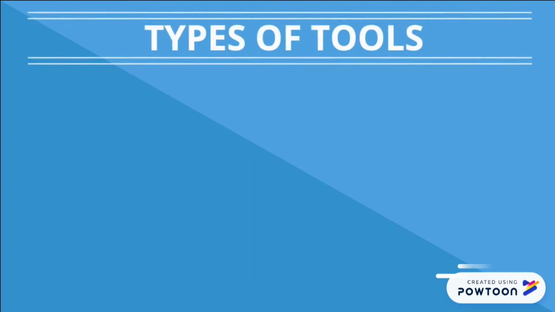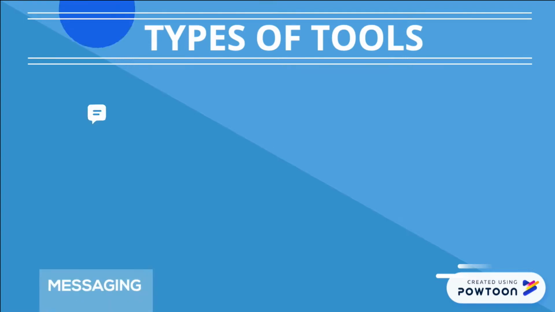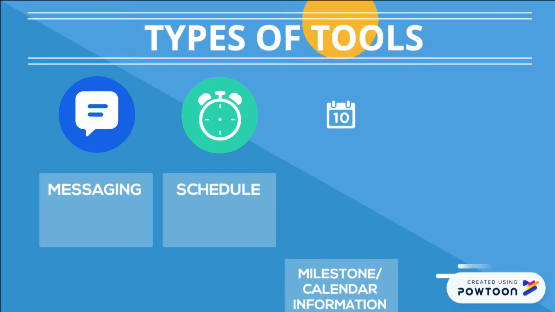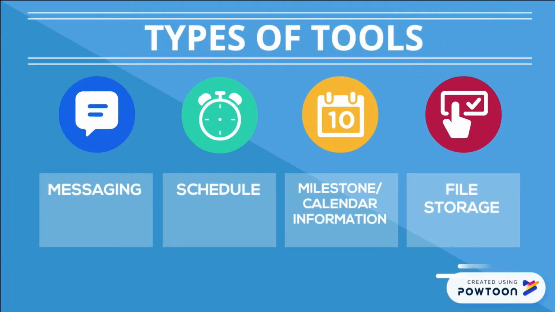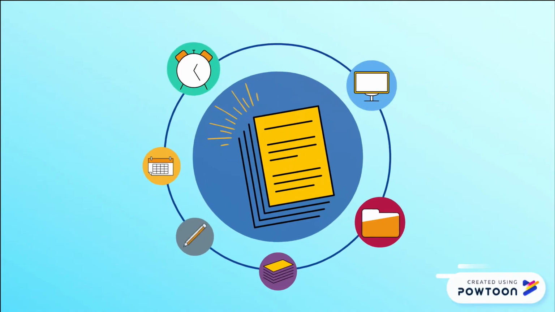There are a number of applications that provide a suite of applications designed to keep all of your project communications in one place. These can include messaging, scheduling, milestone and calendar information, and simple file storage. They are designed to be the hubs for the project.